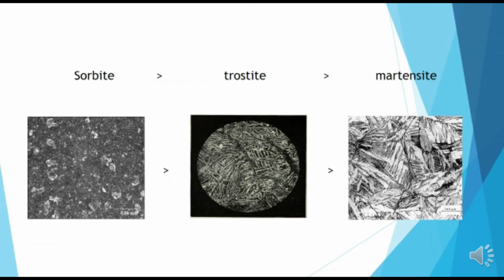In ductility comparison, sorbite is more ductile than troostite, and troostite is more ductile than martensite. These different types of martensite, troostite, and sorbite come about because we temper at different temperatures.